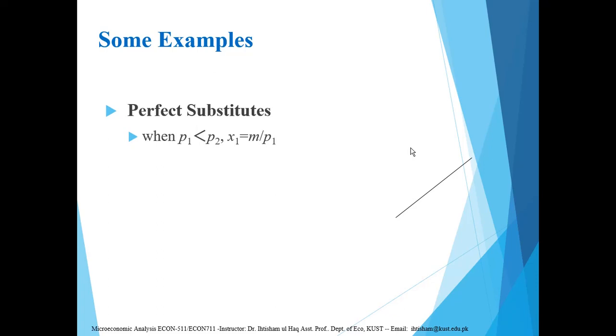So the demand will be x1 equal to m by p1. He is spending all of his budget on buying x1. Now what will happen if p1 equals p2? The demand for x1 could be any number between 0 and m divided by p1.